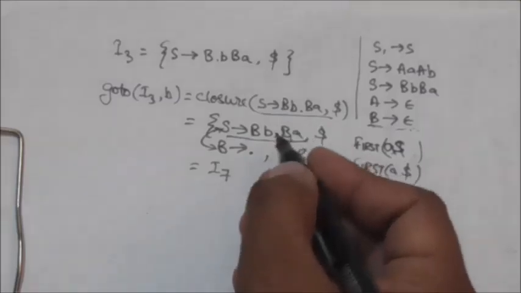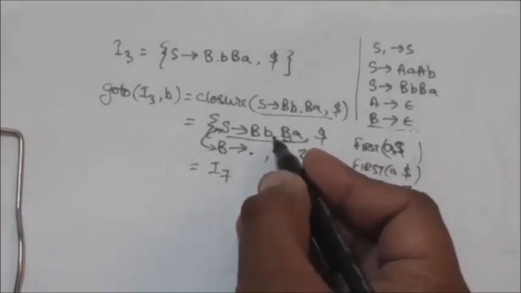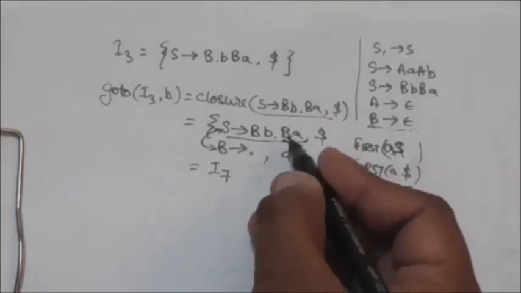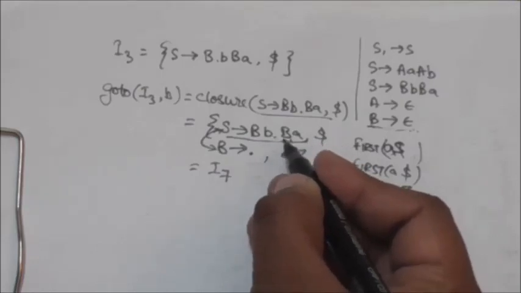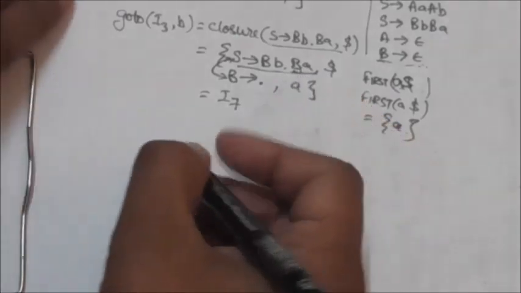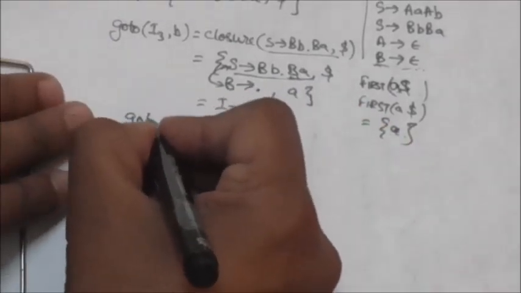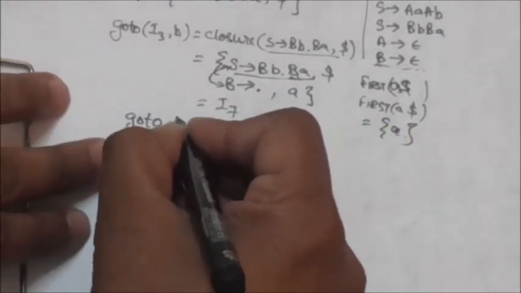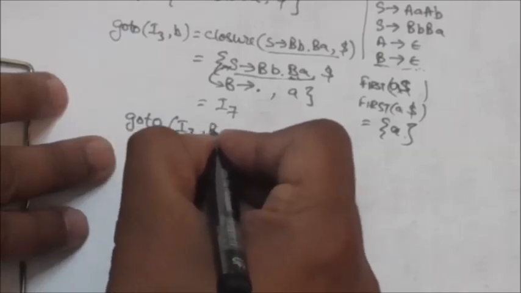So in state I7 whatever the items are there, in them the dot is preceding only the non-terminal symbol B. So we can find the transition of I7 only for non-terminal symbol B. So for that I need to evaluate this function go to I7B.